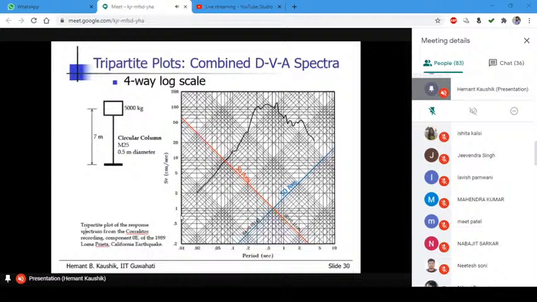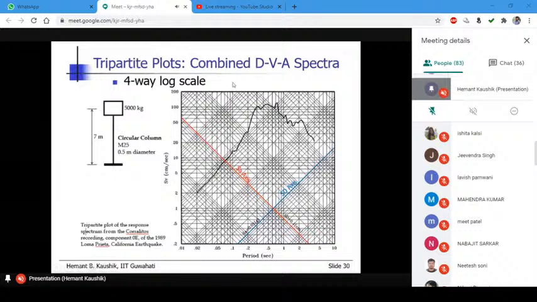So we can very easily show all these responses in a single chart. Here you can show the spectral acceleration, spectral displacement and spectral velocity all in one. So it is called a tripartite plot because all three are there. It is also called combined displacement velocity acceleration spectra, combined DVA spectra.